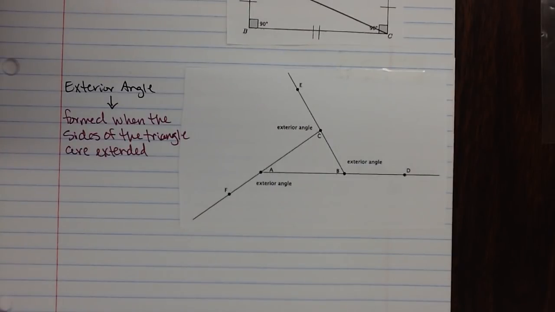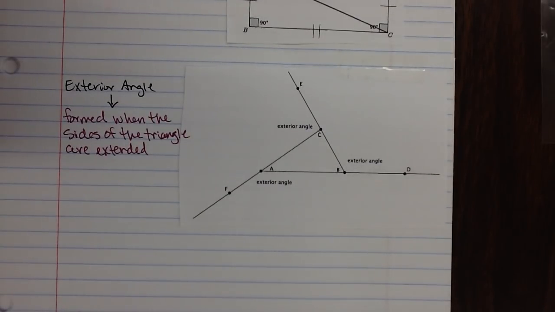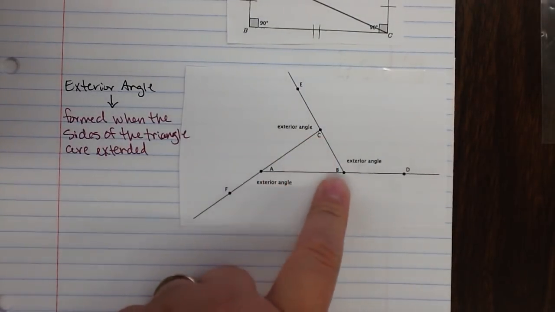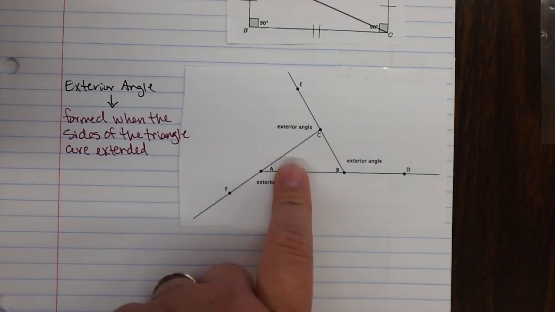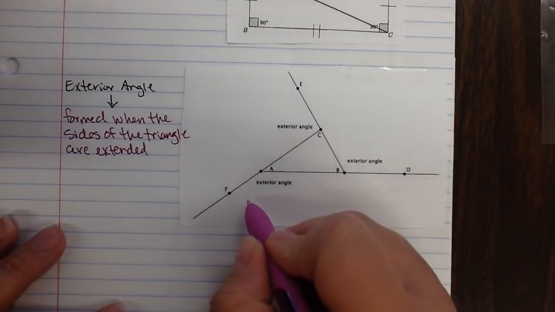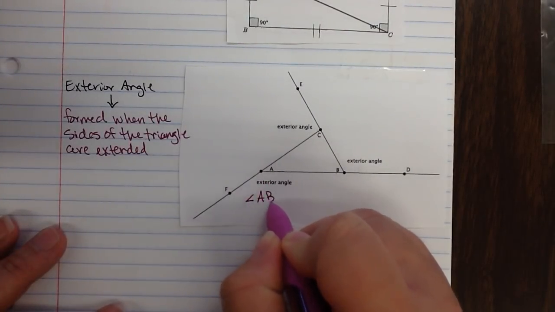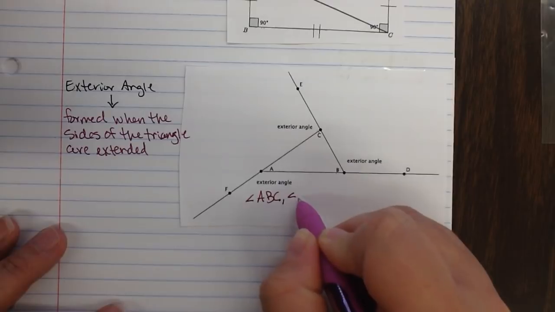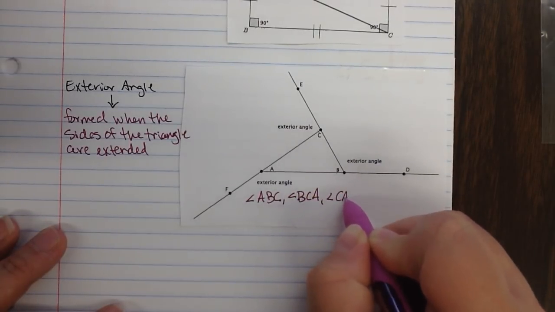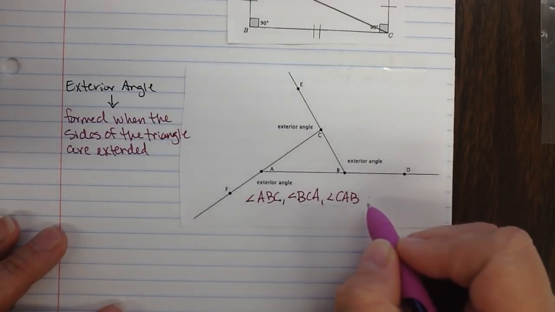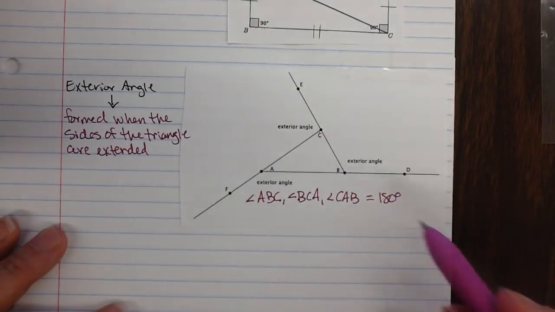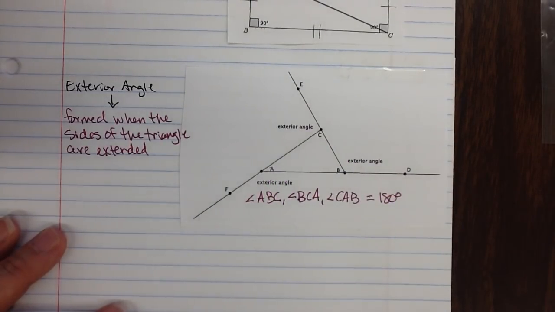What do we know? We know that the sum of the interior angles, the interior would be these angles on the inside, is 180 degrees. So I'm going to walk through this. We know that angle ABC, angle BCA, and angle CAB together equal 180 degrees. All three of those angles.